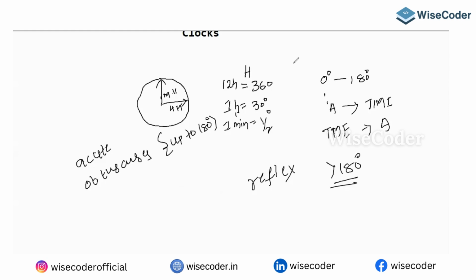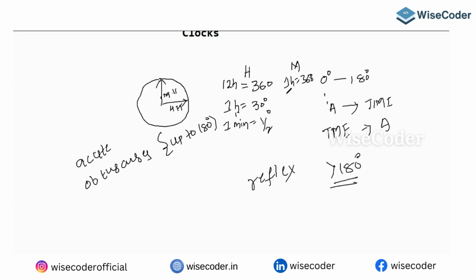First, the hour hand: in 12 hours it covers 360 degrees, so in 1 hour it travels 30 degrees, and in 1 minute it travels half a degree. If I talk about the minute hand, can I say in 1 hour it will travel 360 degrees, because it goes all the way around?